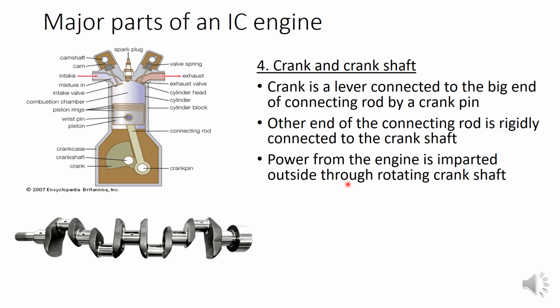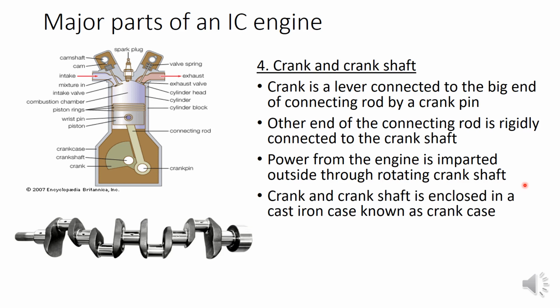And the power from the engine is imparted outside through the rotating crankshaft. We already discussed that in an automobile, the crankshaft rotation is given ultimately to the wheels of the automobile through gear systems, or in a generator IC engine it will be given to a generator, etc. So whatever the application, the power from the engine is taken outside through this rotating crankshaft.